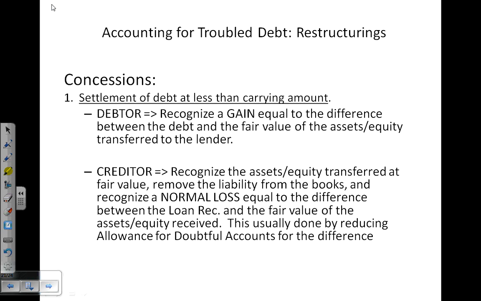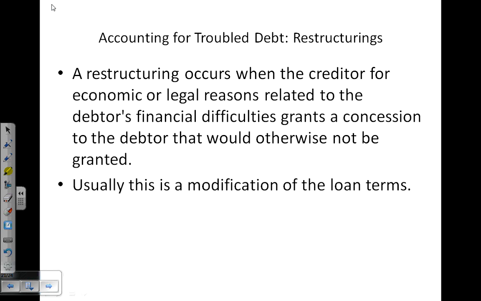Now when it's actually settled, you would reduce the allowance for doubtful accounts for the difference. If there was no allowance for doubtful accounts, you would just recognize the loss at that point in time. So normally impairment happens before the debt is settled or modified, because you're supposed to be looking forward, and if it's probable that you have a loss, you should recognize it at that time. And then when it actually happens, that's when you would reduce that allowance.